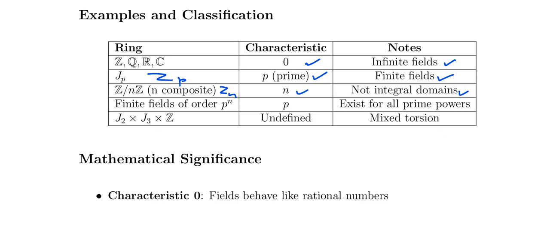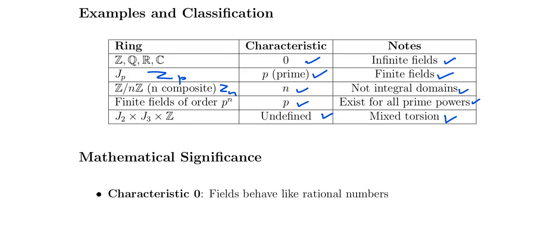A finite field of order p to the power n has characteristic p, and it exists for all prime powers. What we just saw has no defined characteristic. This is the mixed torsion example. That is why the characteristic is defined for an integral domain, not for a general ring.